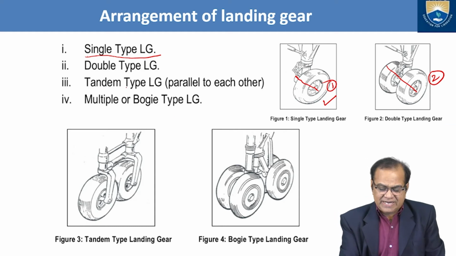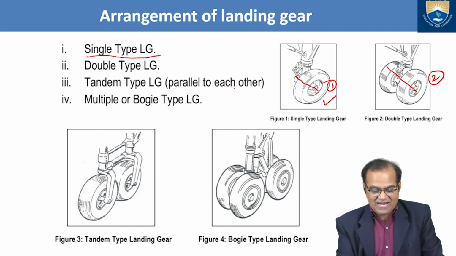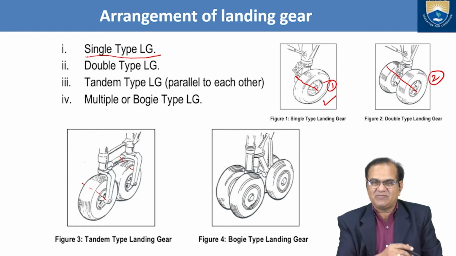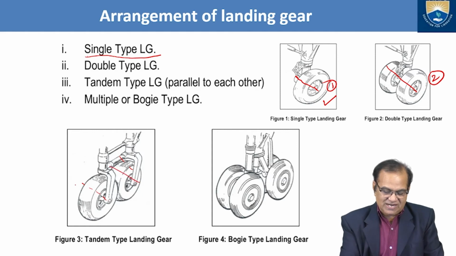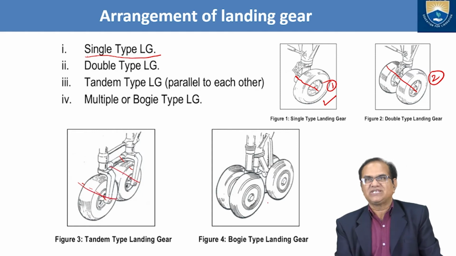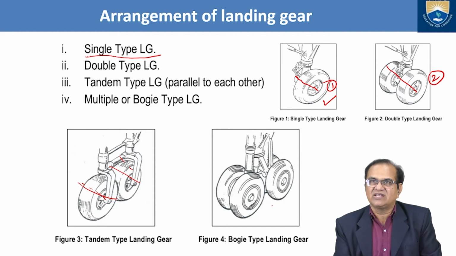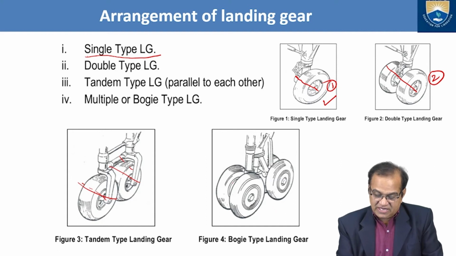Next one is the tandem type LG, parallel to each other. So here if you see, in the one landing gear, two axles are there, but they are parallel. Axles are parallel. So it is called the tandem type landing gear, and this is called the bogie or multiple type landing gear. In one axle we have two wheels, and in another axle we have two, and both are fixed in the one oleo leg.